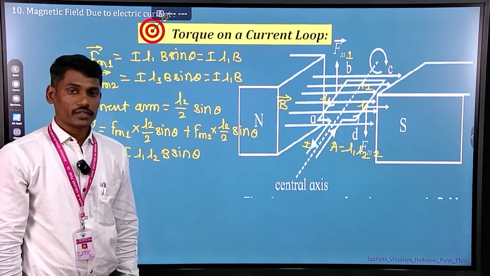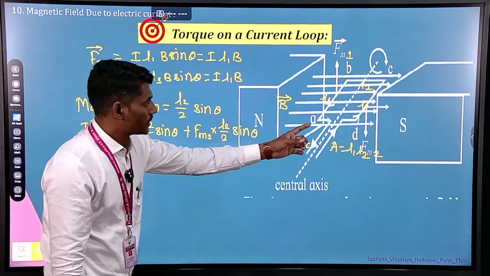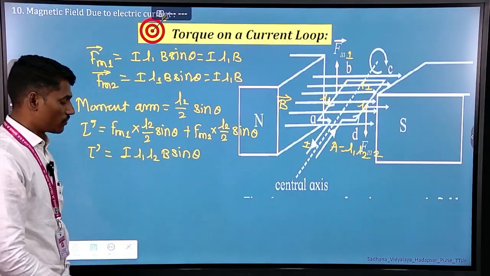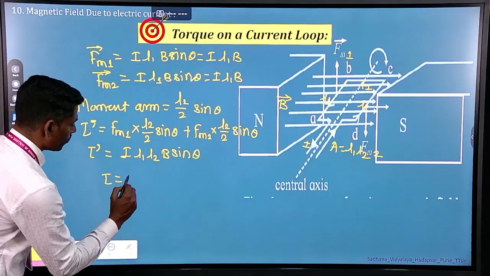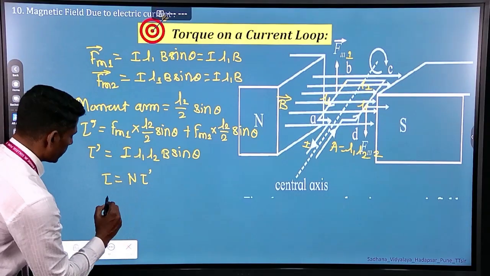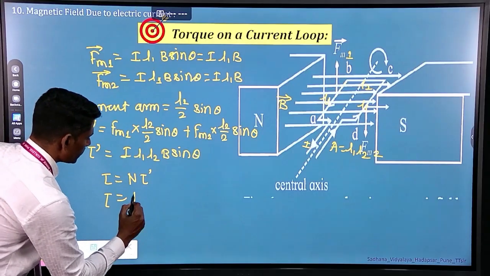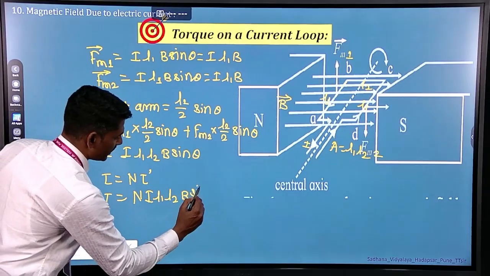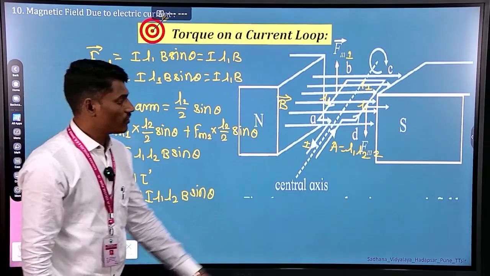Now here we consider that this rectangular coil has n number of turns. So the total torque becomes tau is equal to n times tau dash, right. Here we get tau is equal to n I L1 L2 B sin theta. Here L1 into L2 is what?